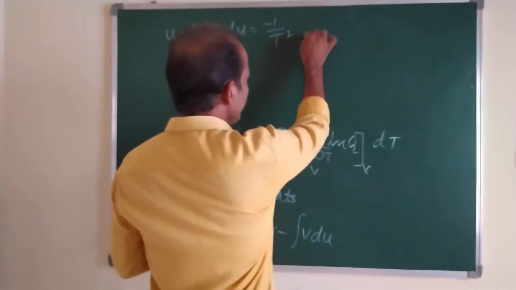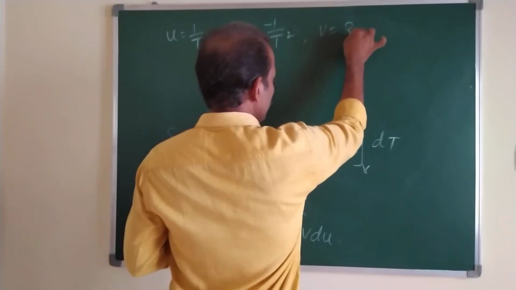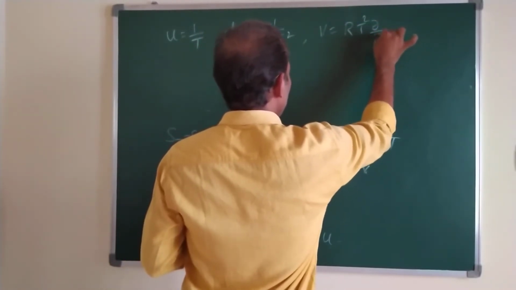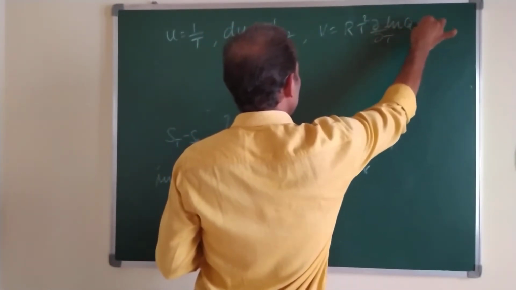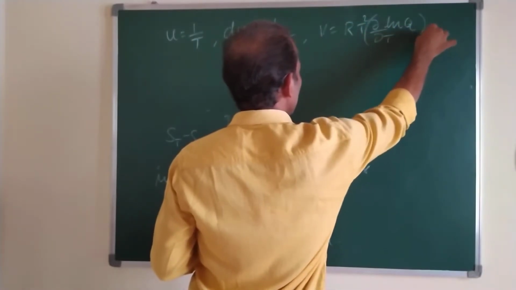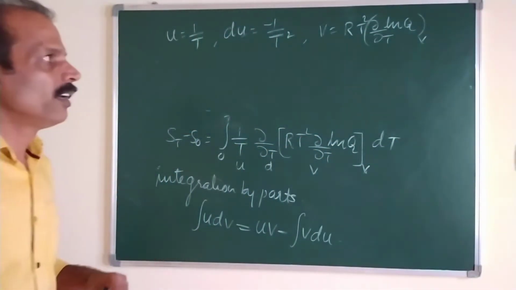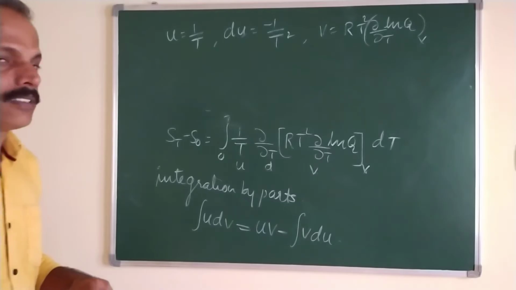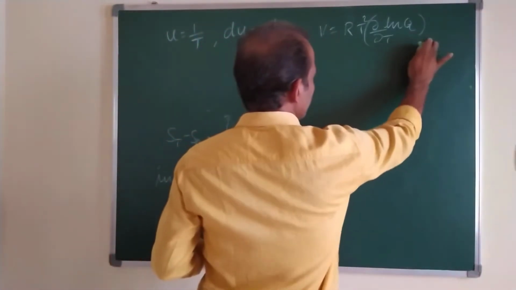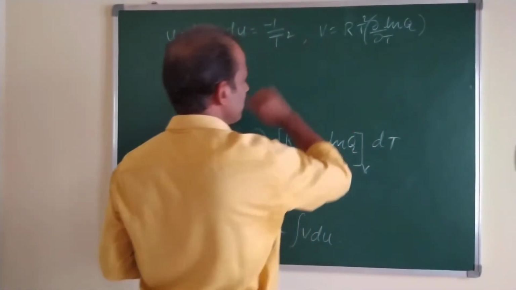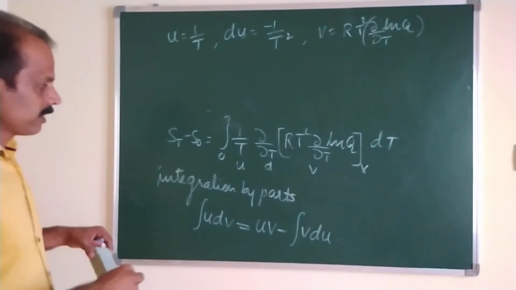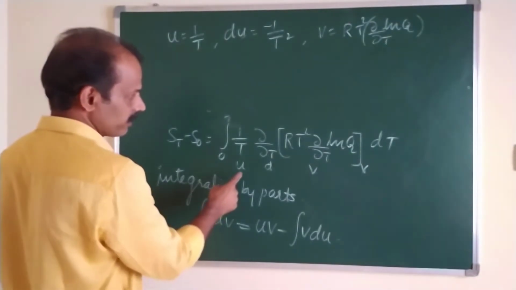Then what we need? v is equal to RT² ∂/∂T ln Q at constant volume. This is our term we are using here. Substitute the value.